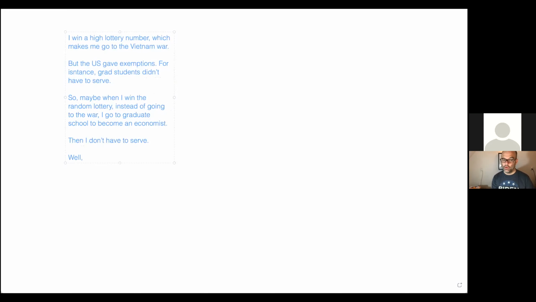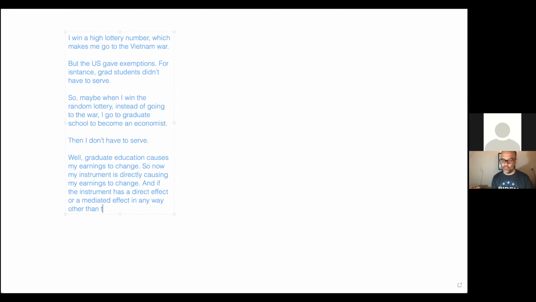Well, graduate education causes my earnings to change. So now my instrument is directly causing my earnings to change. And if the instrument has a direct effect or a mediated effect in any way other than through its effect on military service, then exclusion is violated, even though the instrument was random.